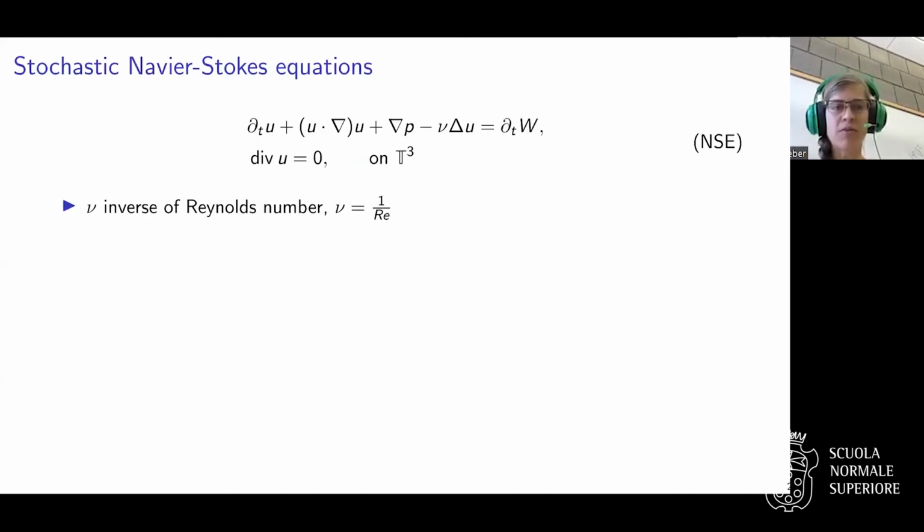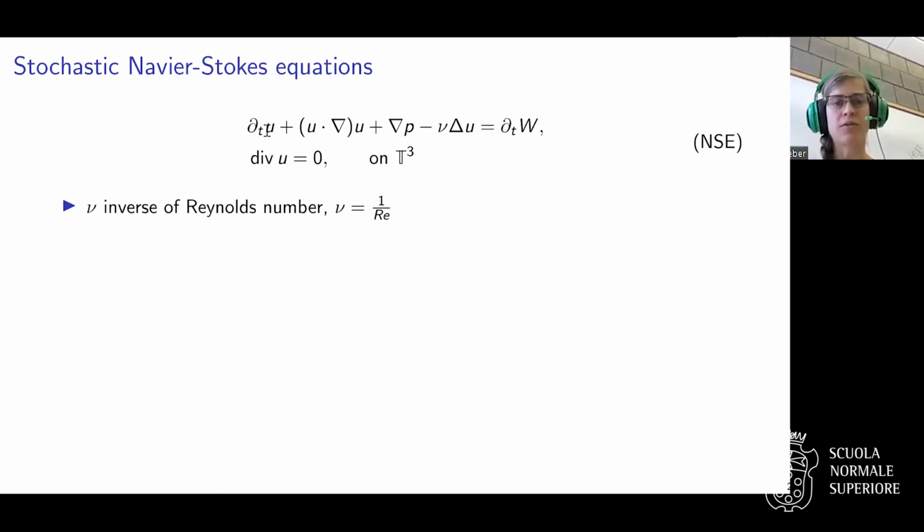The model we use is the stochastic Navier-Stokes equations. The reason we chose that is, on one hand, Navier-Stokes equations are the canonical model to study turbulence. And then also it's close to the setting by Kolmogorov. He considered statistically stationary flow, and for stochastic Navier-Stokes equations, there are indeed stationary solutions, as we will see.